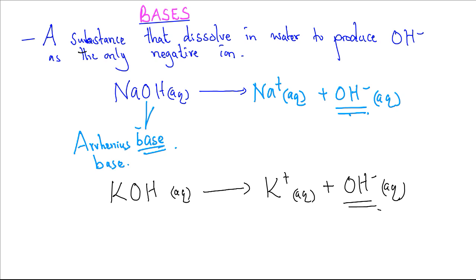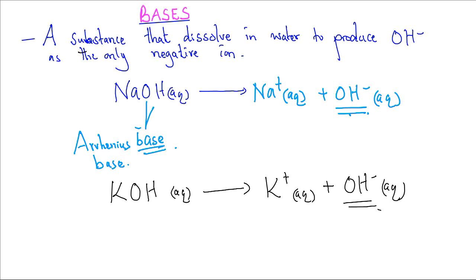So that is the only negative ion, and therefore potassium hydroxide is also an Arrhenius base.